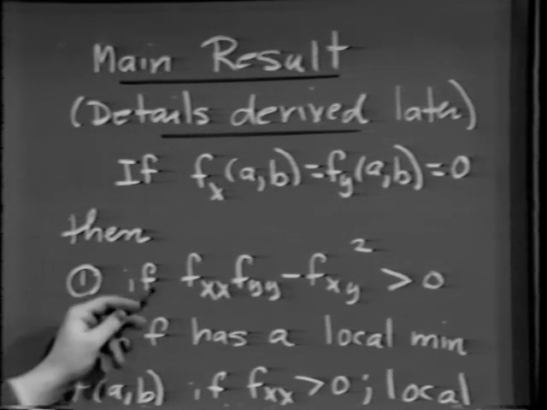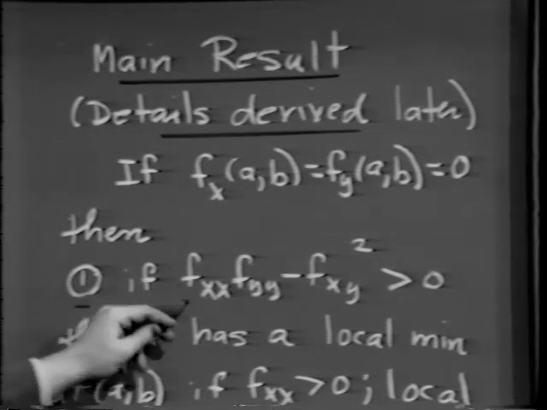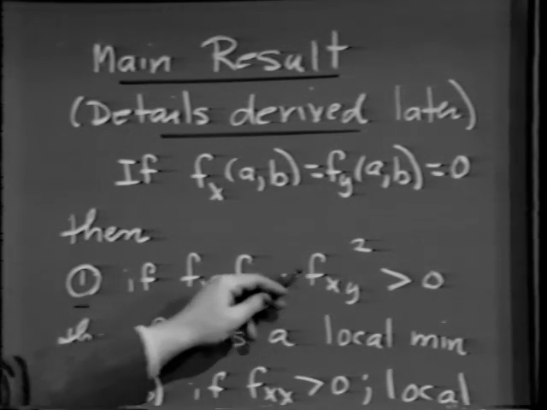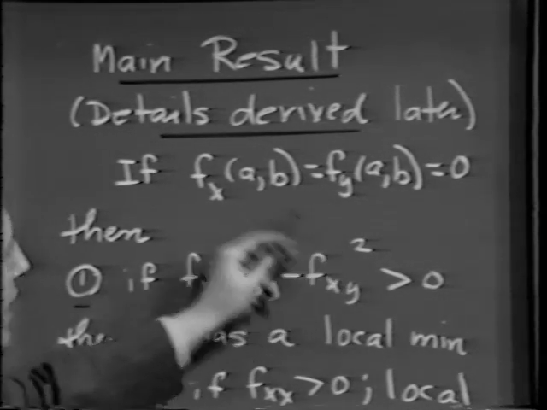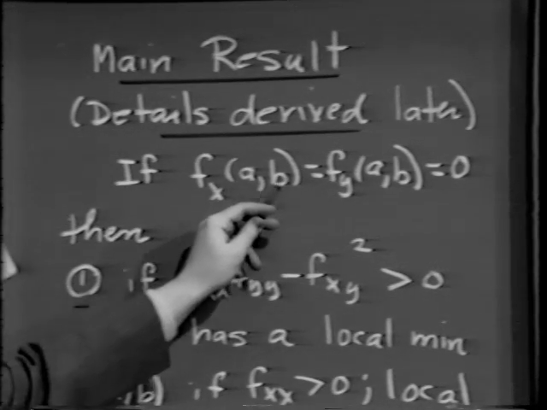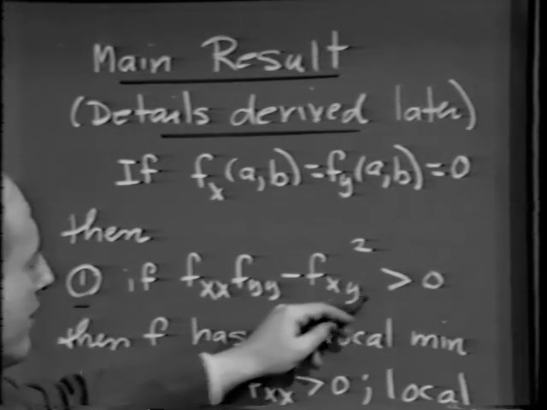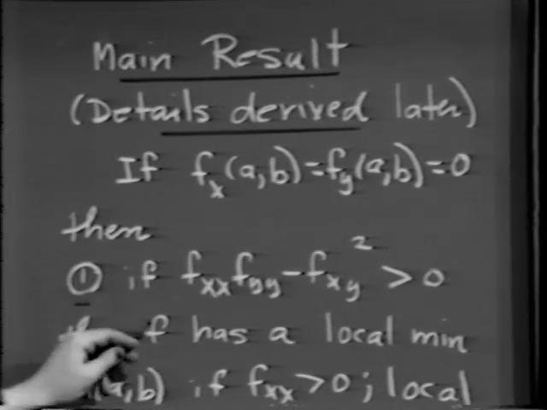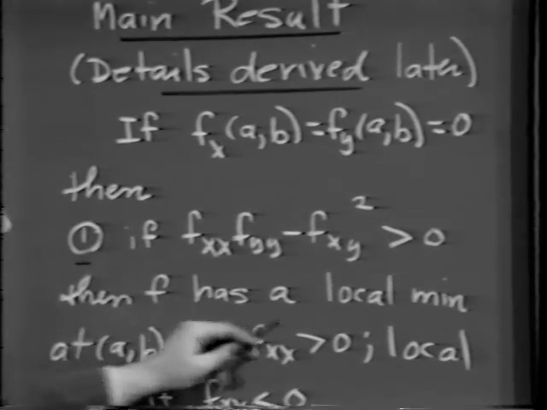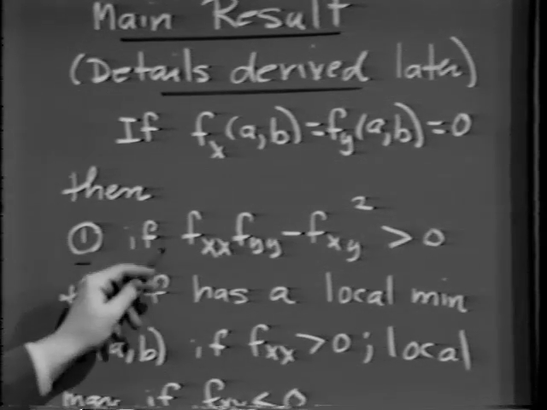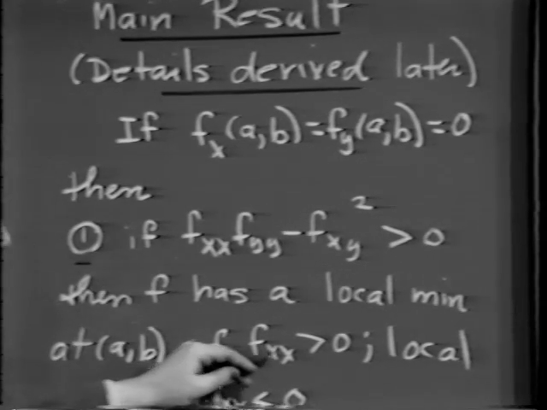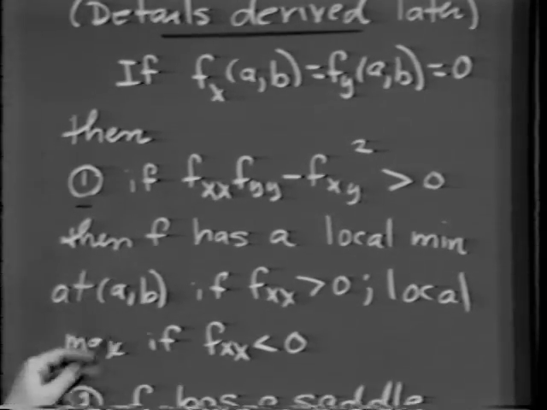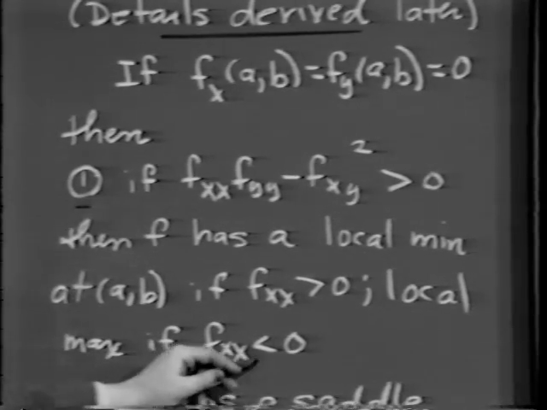The test turns out to be this. You compute f sub xx times f sub yy minus f sub xy squared at the point A comma B. And if that particular number turns out to be greater than 0, then A comma B yields a local minimum of f if f sub xx happens to be positive, and a local maximum if f sub xx happens to be negative.